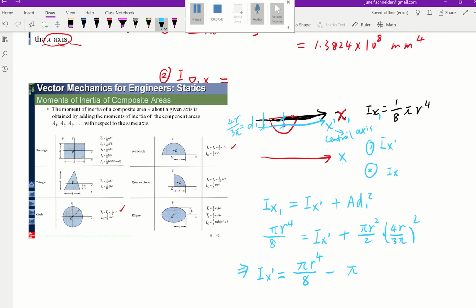You have πr. I'm going to start to put them together. Let's see if we can do that. I'm going to use a scratch paper here.